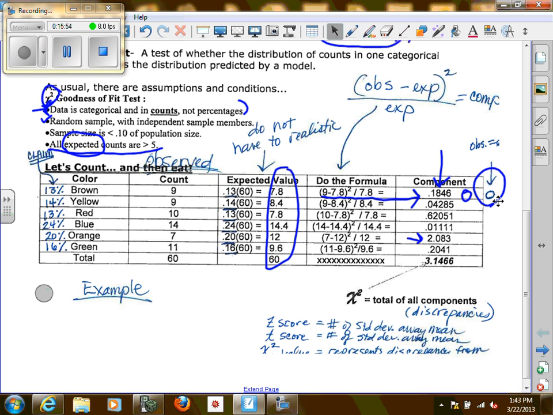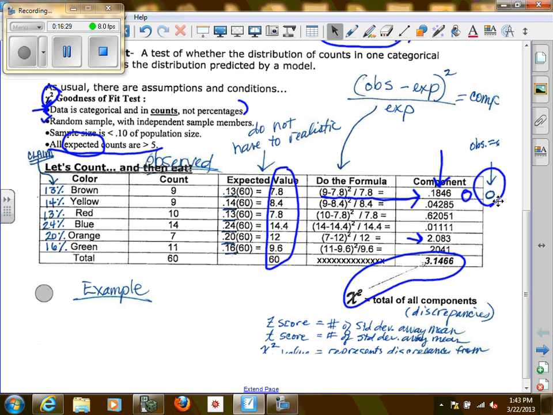The next thing I want to talk about is the total of all those values. The total of all those values is your critical value, chi-squared. We've had critical values before. What does a z-star, the z-score, represent? How many standard deviations it is from the mean, on the normal curve. How about a t-star or a t-score?